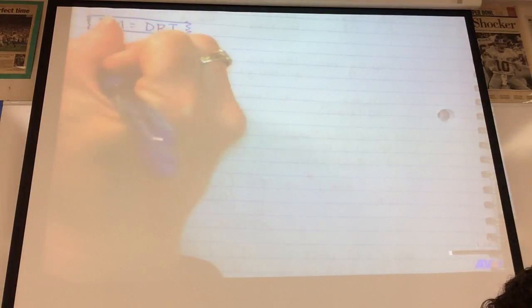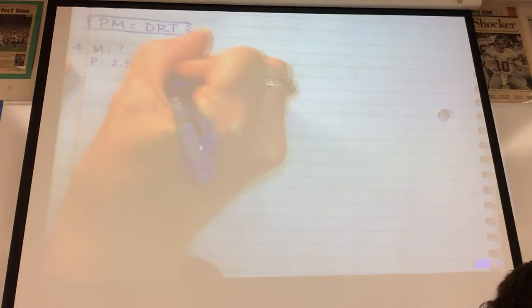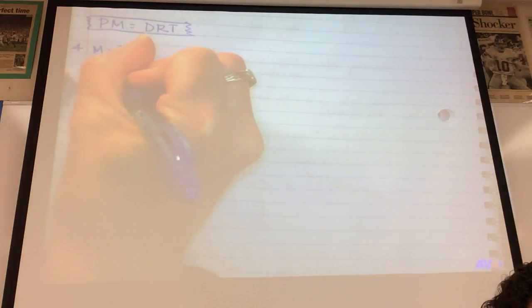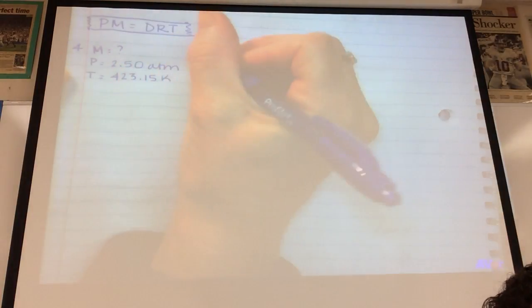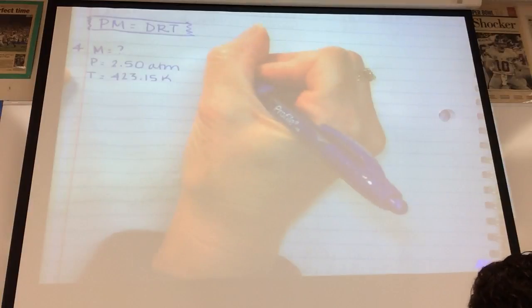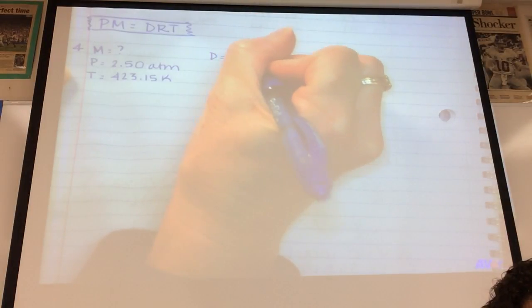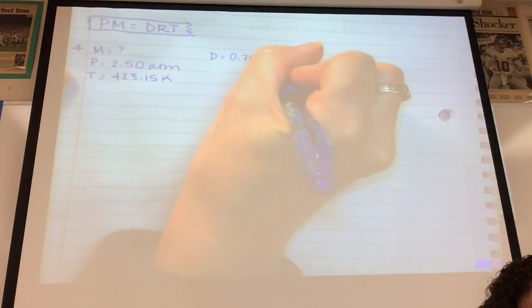The pressure is 2.50 atmospheres. The temperature is 150 degrees Celsius, and we know that we better get to Kelvin right away so that we don't do anything silly. The density is 0.780 grams per liter.